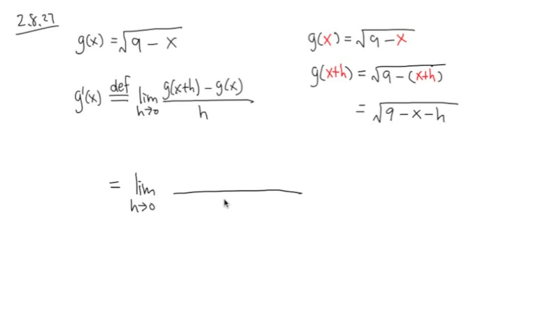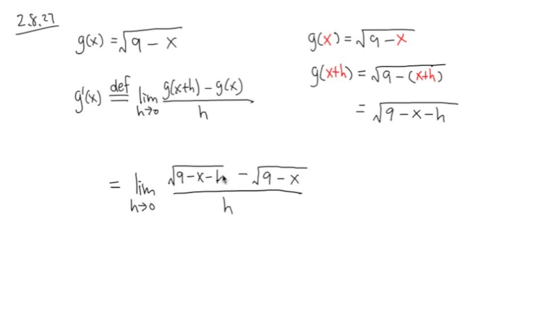On the bottom we just have h. On the top, g of x plus h is this. So I will write down square root of 9 minus x minus h, minus g of x, that is the original function, which is square root of 9 minus x.